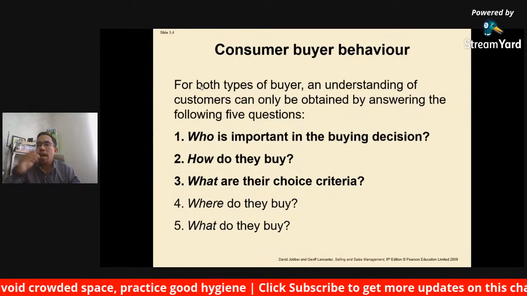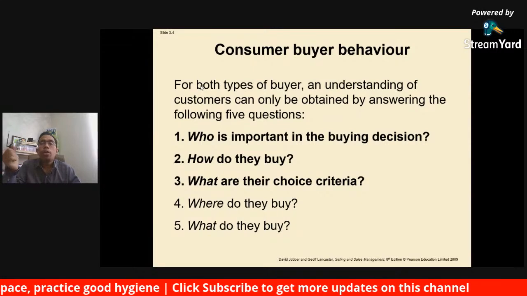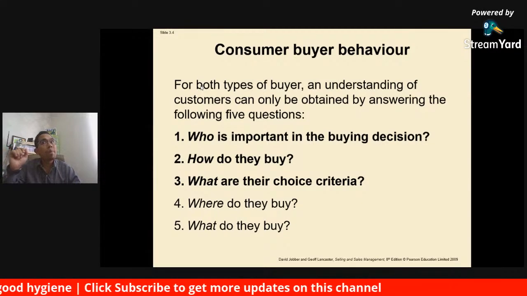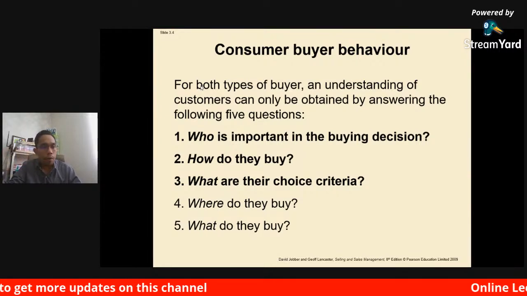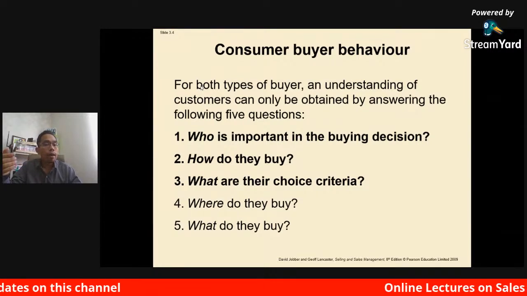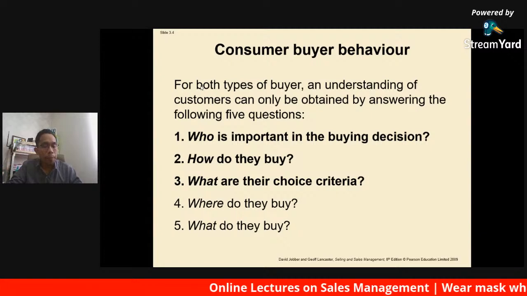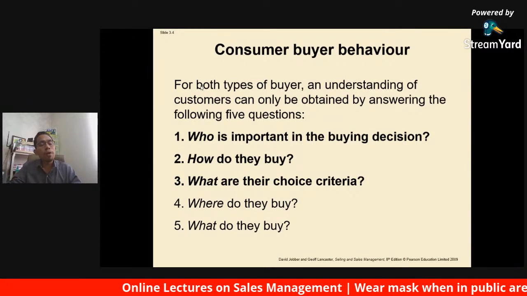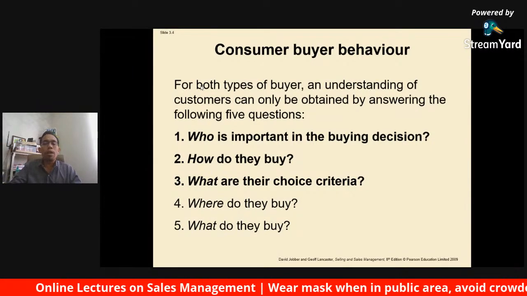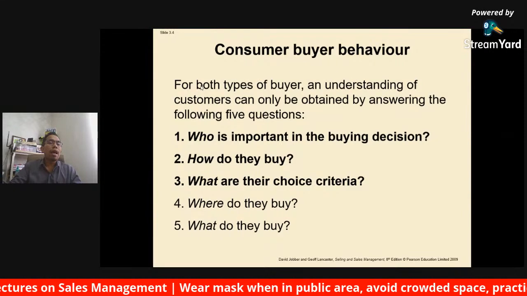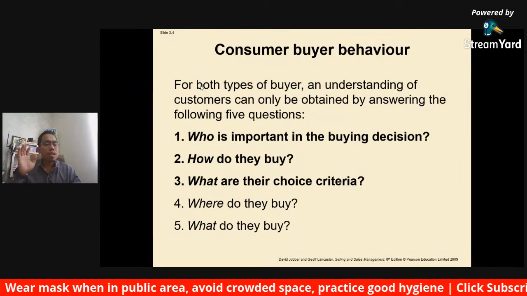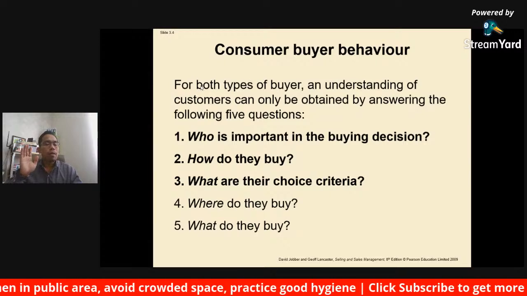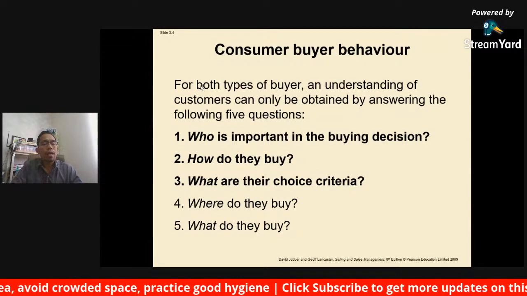If you sell a product to an organization, you need to know who will make the decision to buy your product. Their employee, or their manager, or their CEO. So you need to know. You cannot promote a product to someone who has no say in the purchase decision.